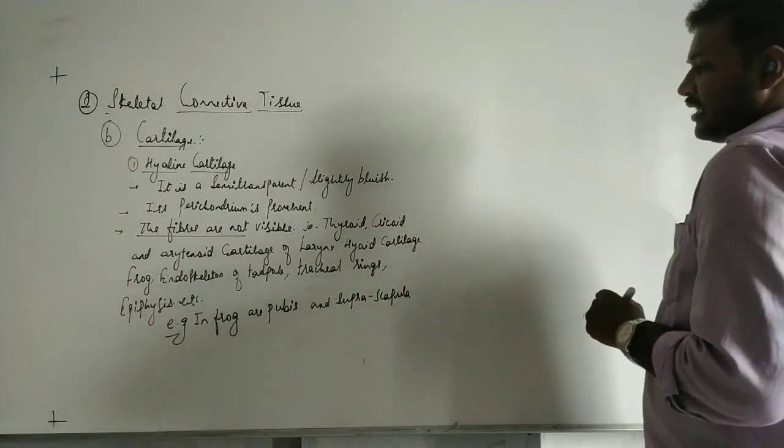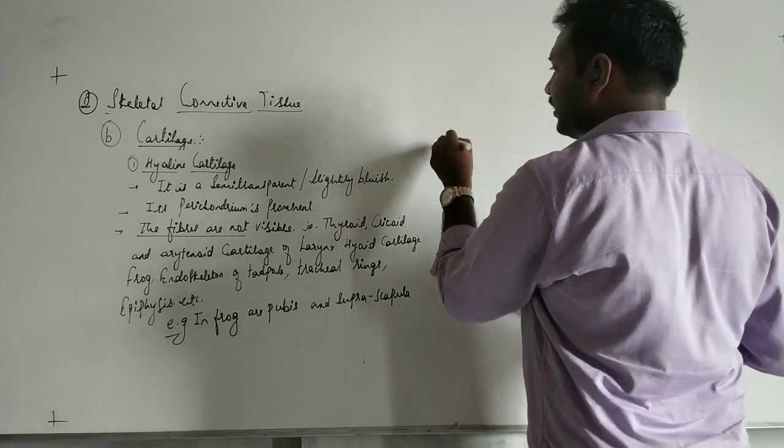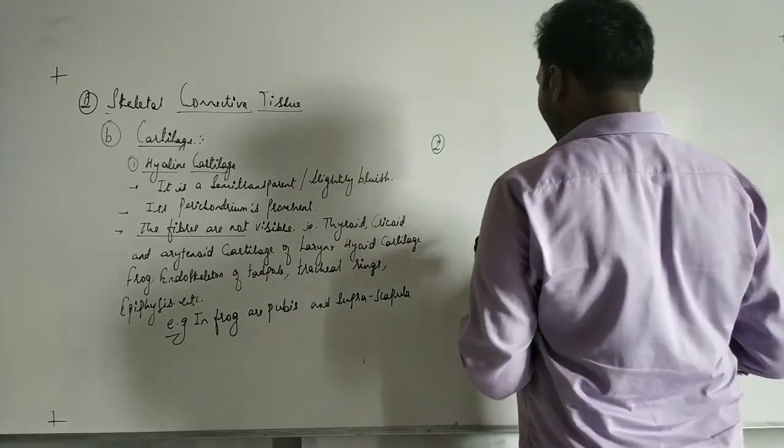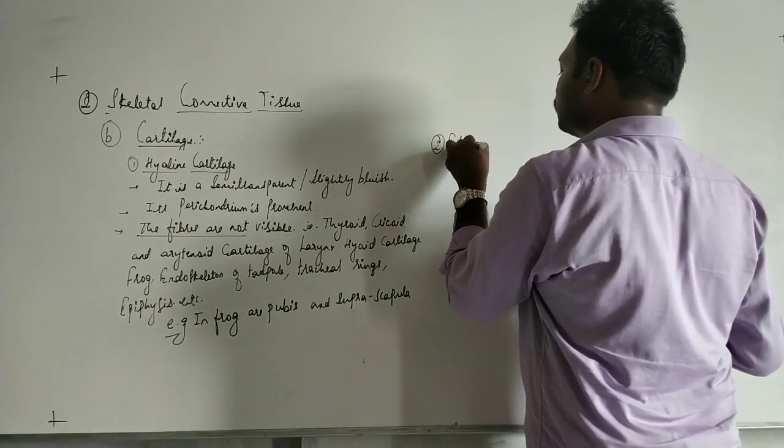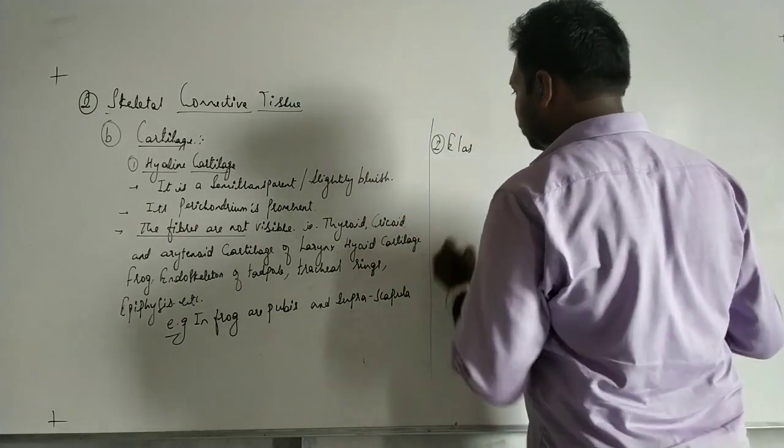Pubis and suprascapular. Then the second one, that is another type of cartilage, is the elastic cartilage. The elastic cartilage. Okay.